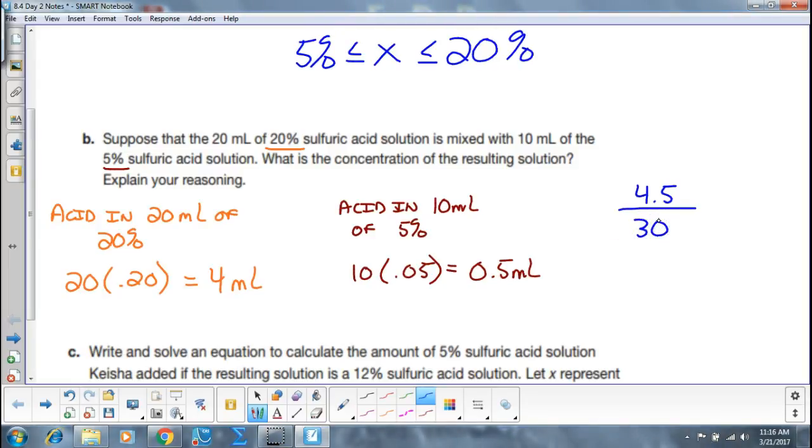So what's 4.5 divided by 30? That's 0.15. So what concentration is that solution? It's a 15% concentrated solution.